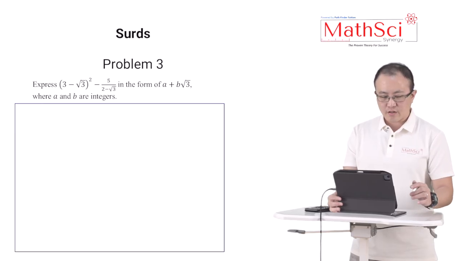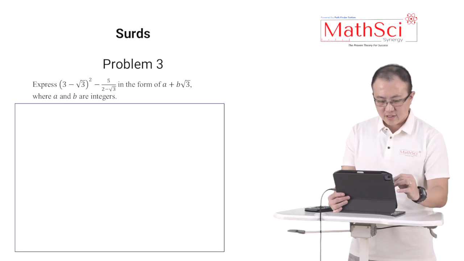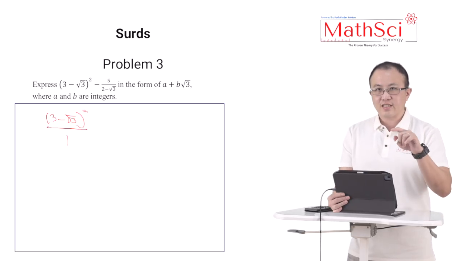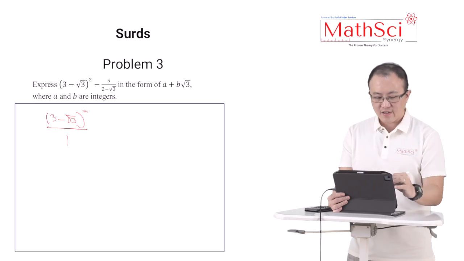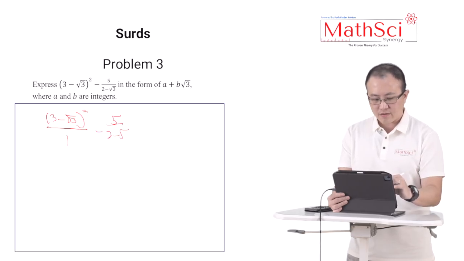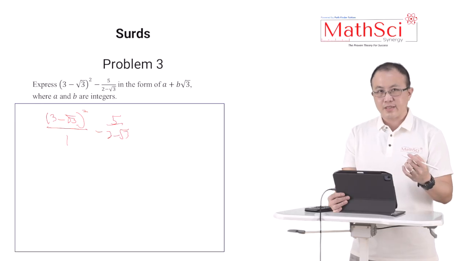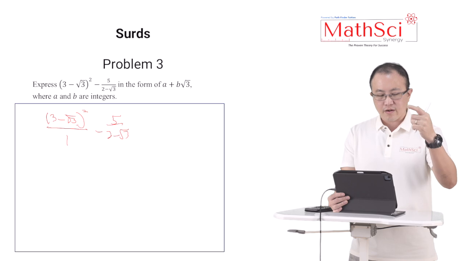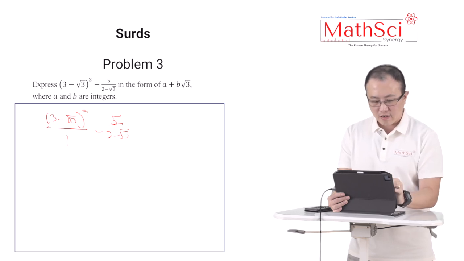Let's try to combine into a single fraction. So which means to say that I will have a 3 minus square root 3 bracket square, the whole thing divided by 1. Okay, anything that doesn't have a fraction, right, is just over 1. Then we minus away 5 over 2 minus square root 3. So let's make it the same common denominator. So on the left side, I'll multiply 2 minus square root 3 top and bottom, and this is what I will get.